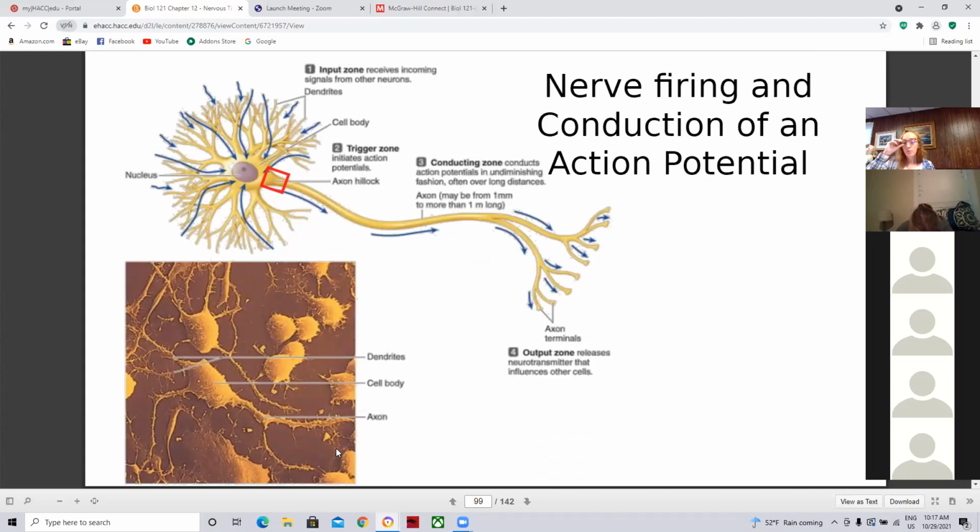So the input zone, just to review overall nerve firing and conduction of an action potential, the input zone receives inputs from other neurons. The trigger zone is going to initiate an action potential. The conducting zone is going to conduct action potentials in an undiminishing fashion over long distances. The output zone is going to release neurotransmitter that influences other cells by synapsing with other cells.